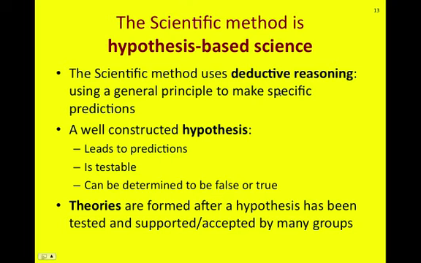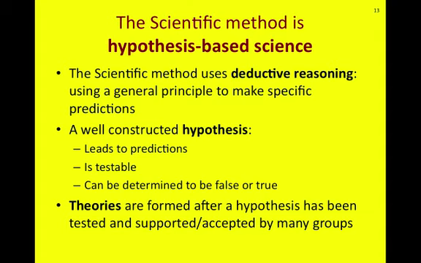A well-constructed hypothesis that will be used for hypothesis-based science in the scientific method leads to predictions. Therefore, you can do an experiment. This hypothesis and its following predictions are testable, and what we are testing is whether the hypothesis is false or true.